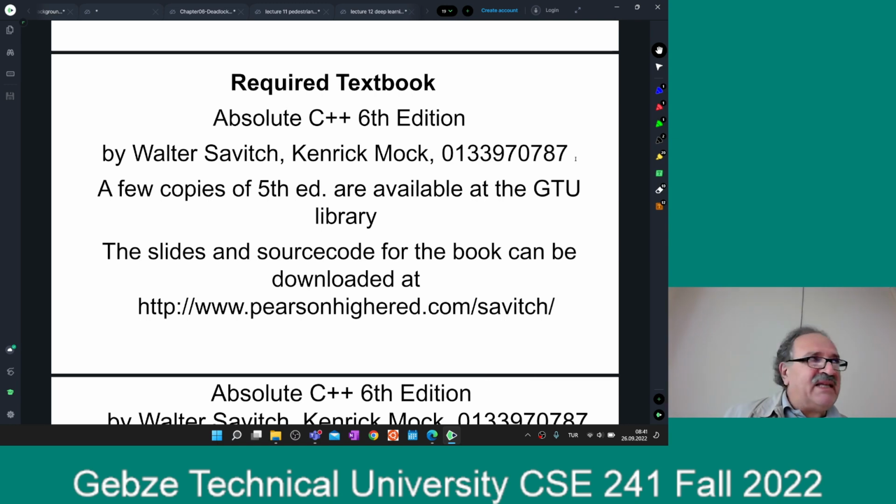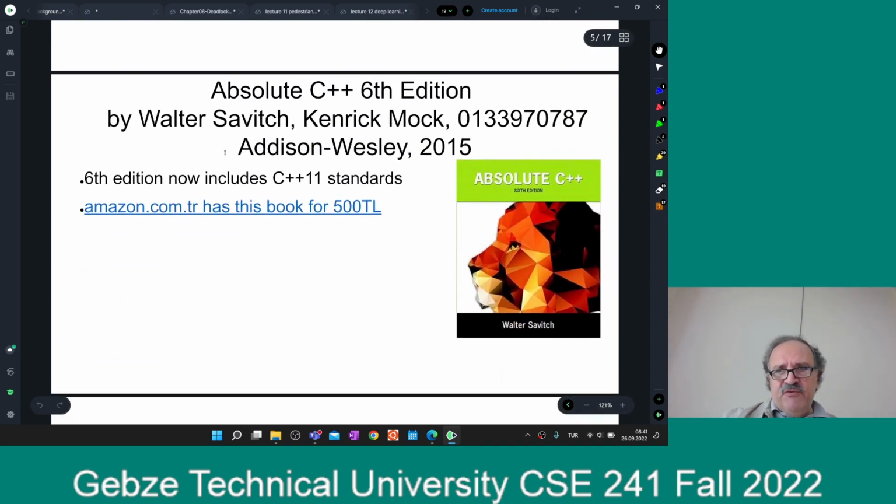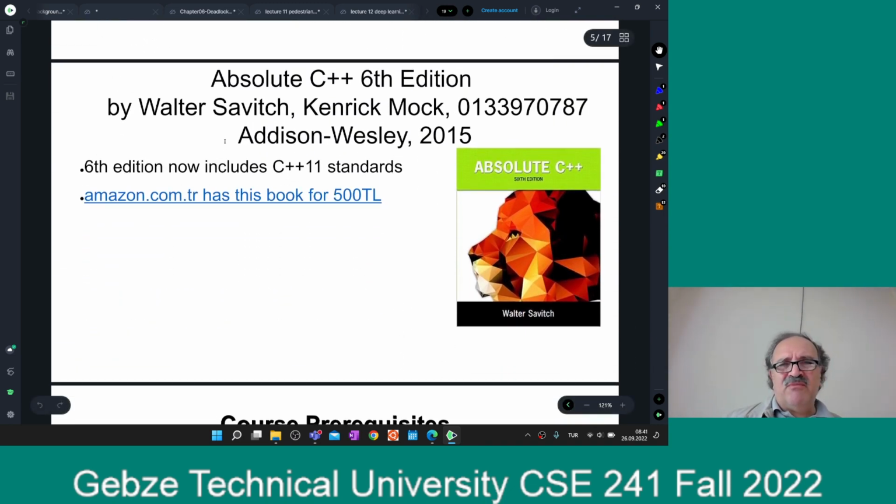The book is good. We like it. Sometimes it is not enough. If it is not enough, then I will bring some material from some other web sources or some other books. And this is the cover of the book, but it changes from copy to copy.